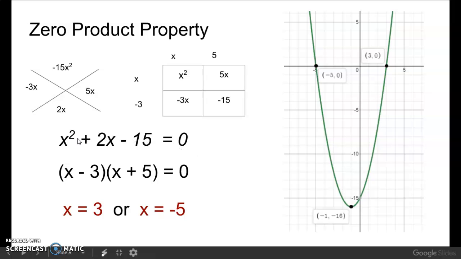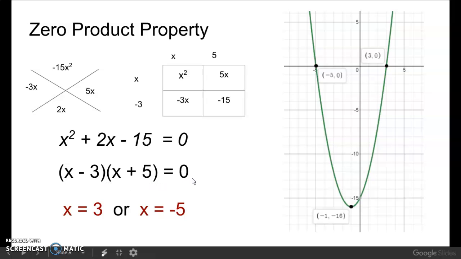The reason is that I want to figure out where this parabola crosses the x-axis, so I need to figure out what x equals when y is 0. For the zero product property, you start by setting the equation equal to 0, and then you factor it, which we've already done.